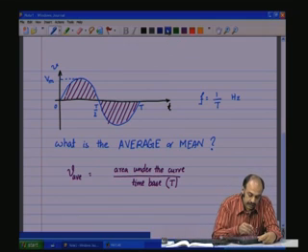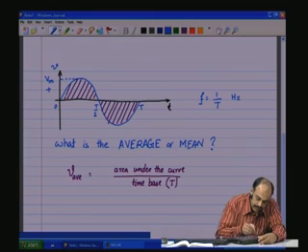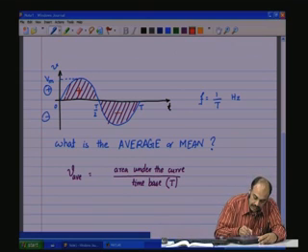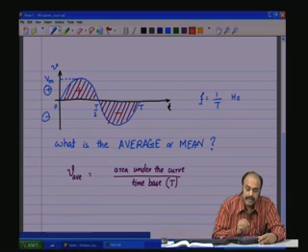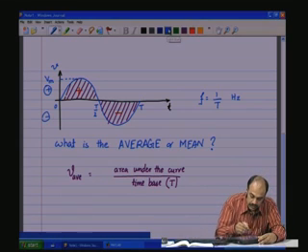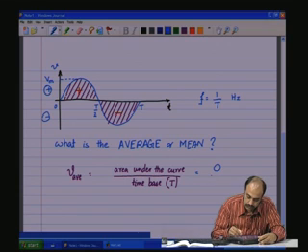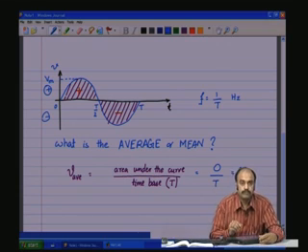Now, if you see the area under the curve, of course, it is evident just by looking at it, the top half of the sine wave is having a similar curvature like the bottom half of the sine wave. Because this is on the plus side, this is on the minus side, they both cancel, and ultimately you are going to get 0 by T, which is equal to 0.